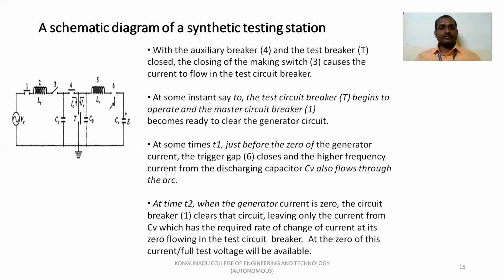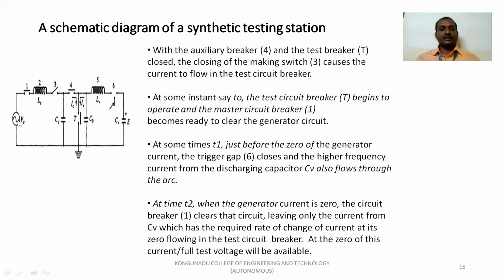After some time, current flows only through CV. At zero of this current, the full test voltage is applied. So with the help of VC and CV, we provide the rated short circuit voltage. Initially VC provides the current.